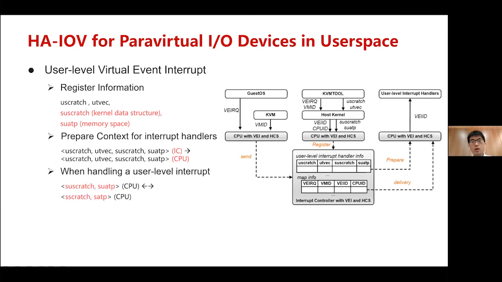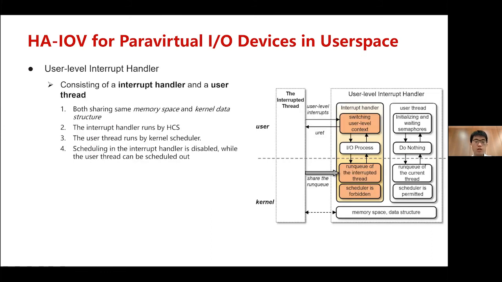When target CPU cores handle the user-level interrupts, the hardware-assisted context switch mechanism in CPU further swaps the values in SUScratch and SUATP with the SScratch and SATP. The critical context, including memory space and data structures of the interrupted user thread and the user-level interrupt handlers, are swapped by the hardware-assisted context switches.